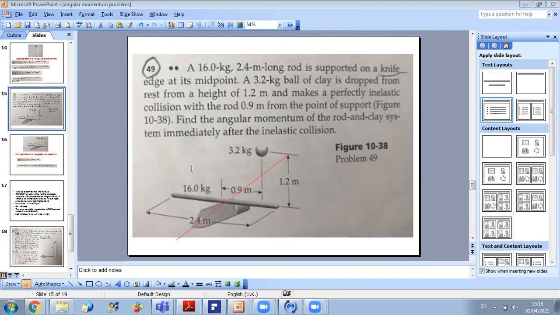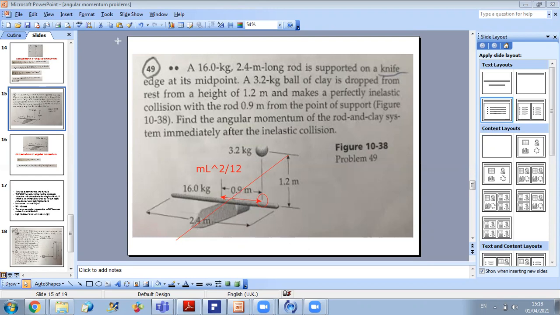So for the rod I will use ML square over 12. And for the ball, what is the inertia of the ball with respect to the axis, guys? It's a particle. MD square. Yes, MR square. Very good. What is R or D? It's the distance from the particle to the axis, which is 0.9.